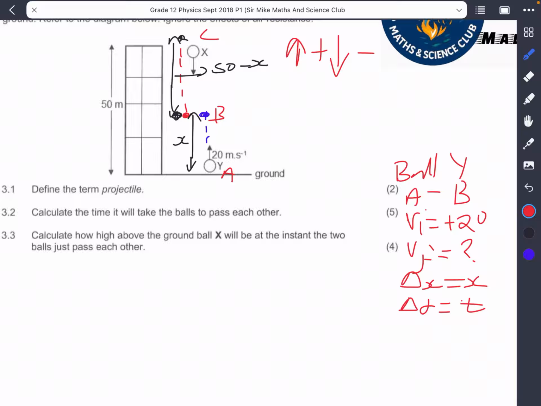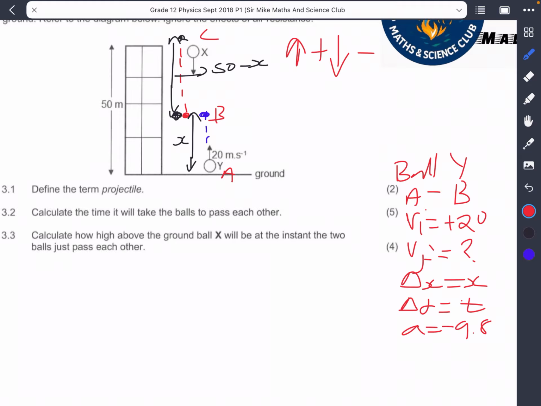We took upwards as positive, and gravity is always pulling our objects vertically downwards. So as a result, a would simply be negative 9.8. That is due to the fact that I took upwards as positive, and the value of a is vertically downwards, so we say that downward is negative.